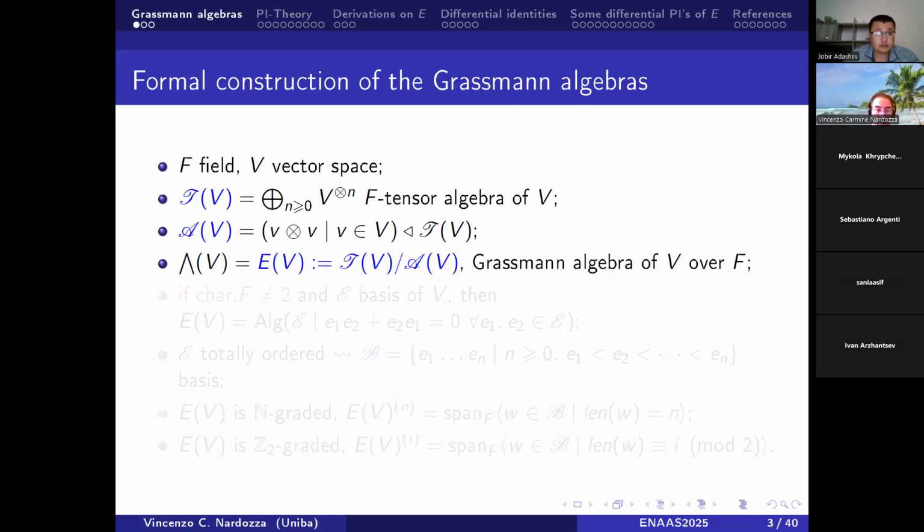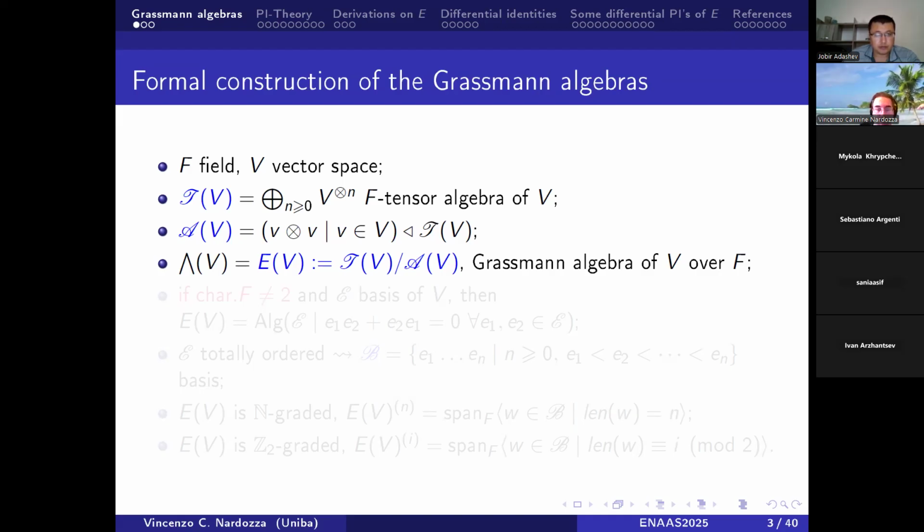Then the Grassmann algebra is simply the factor algebra of the tensor algebra with respect to this two-sided ideal. It is denoted with the wedge symbol, or is also called the exterior algebra of the vector space. I will denote it by E of V.